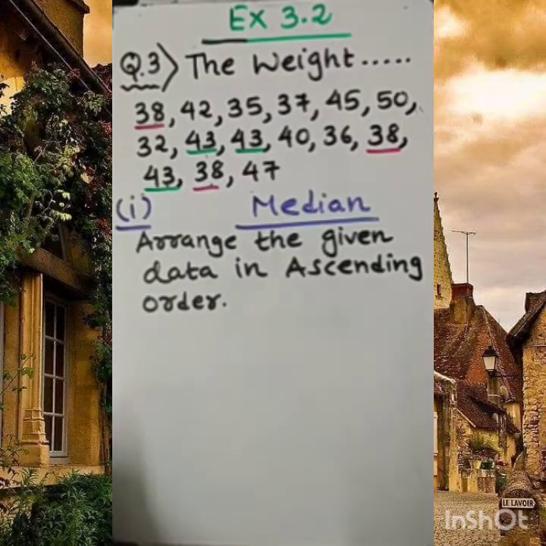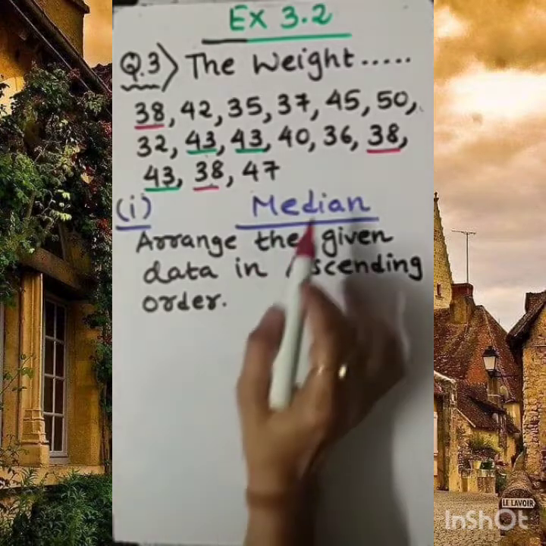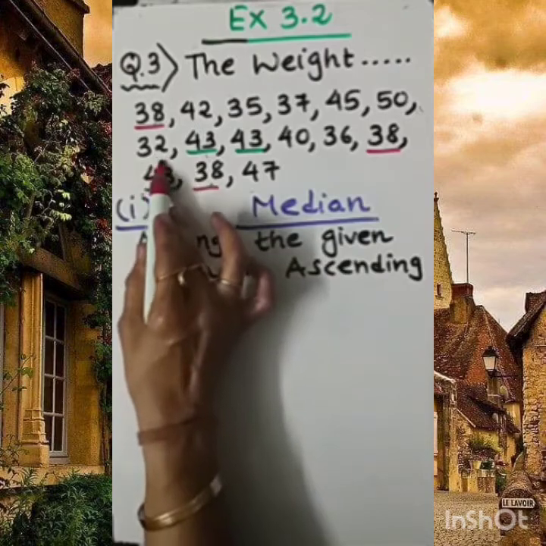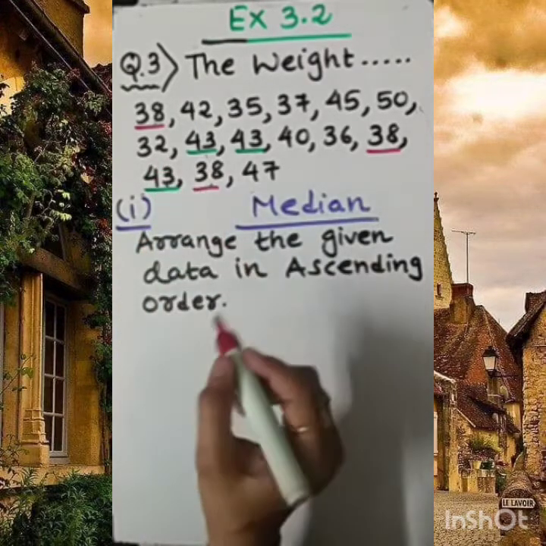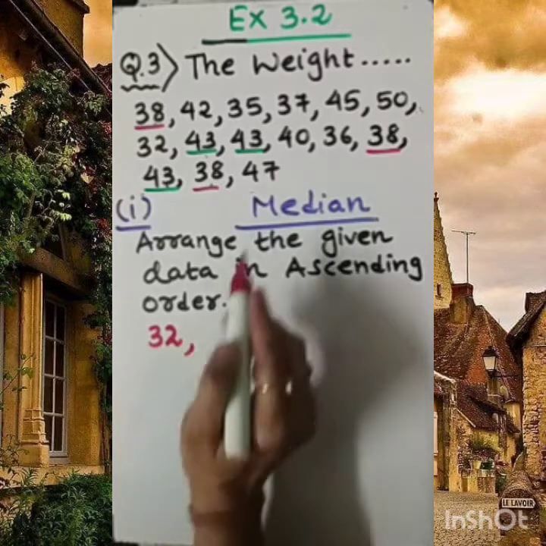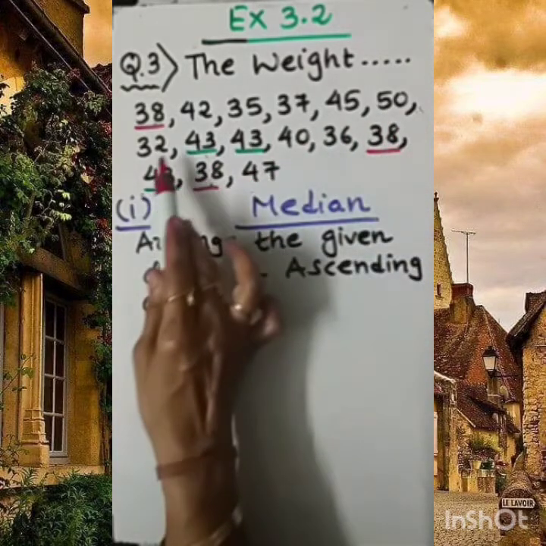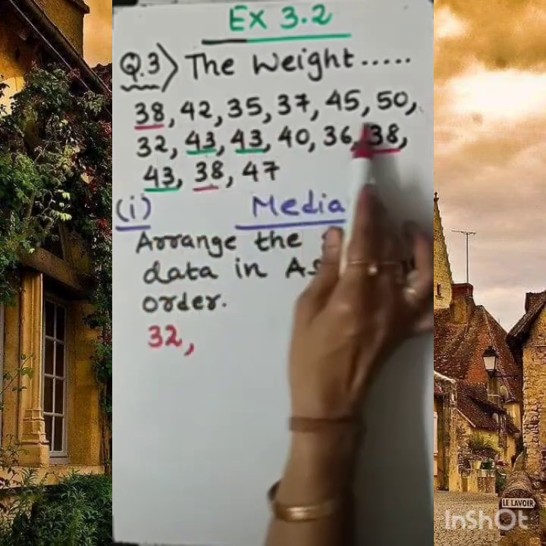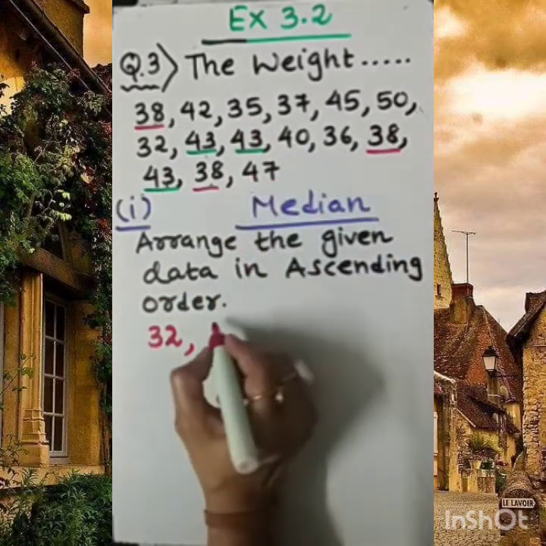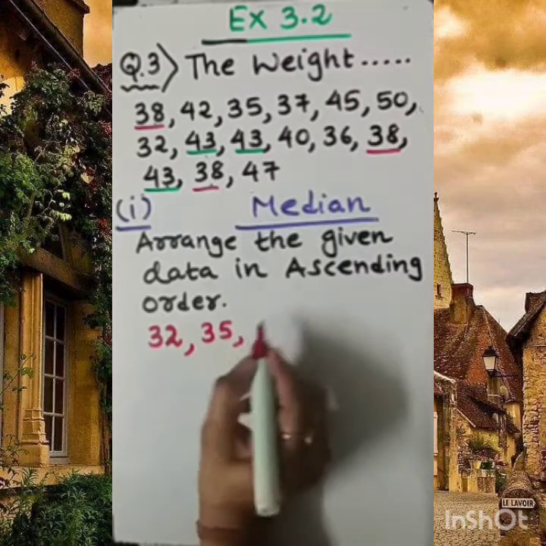Now if I arrange it in ascending order, the least one which I can find is 32, I think. So let me begin with 32 as the first one. Then 33 is there? No. 34? No. 35? Yes, it is there only one time. What about 36?